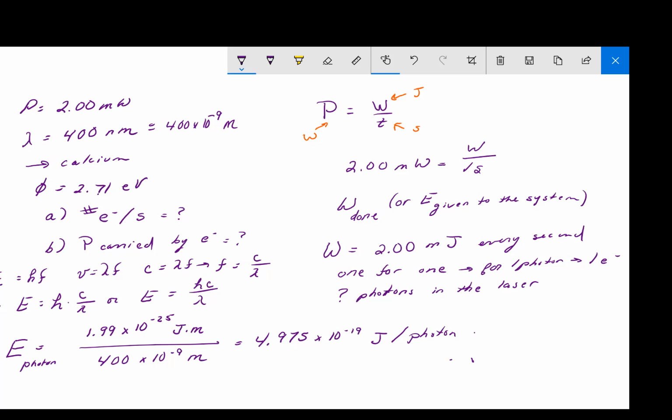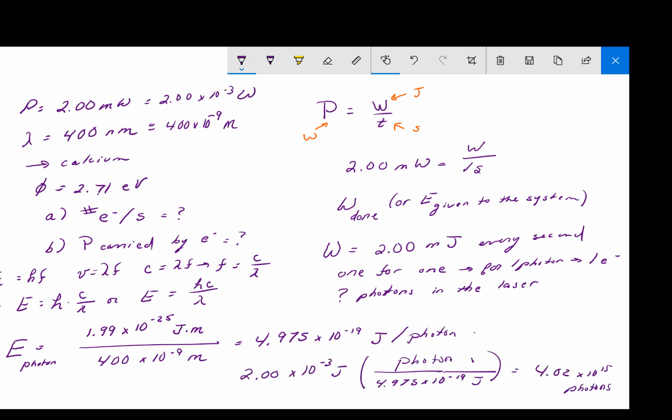So now I know how much energy I have for every photon, and I have 2 times 10 to the minus 3rd joules total every second. So that total amount of energy, each photon carries 4.975 times 10 to the minus 19th joules, so that tells me I have a total of 4.02 times 10 to the 15th photons, which is the answer to part A. Well, almost the answer.